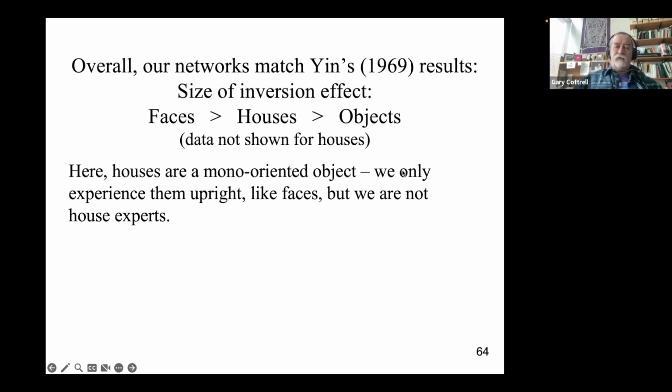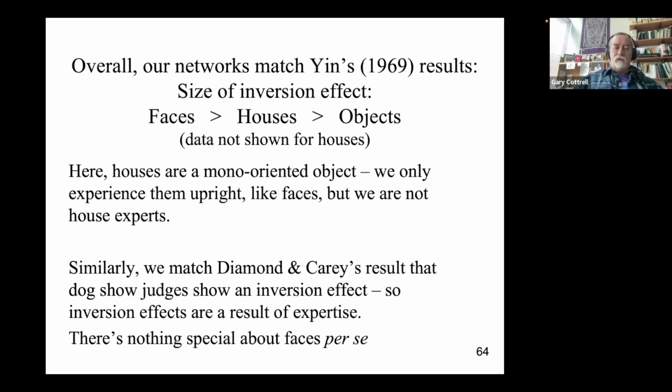And that was what he found in his data in 1969. Similarly, we matched Diamond and Carey's result that dog show judges show an inversion effect. We also did this with cars. The same thing is true of car expertise. So there's nothing special about faces per se. It's what we do with them.